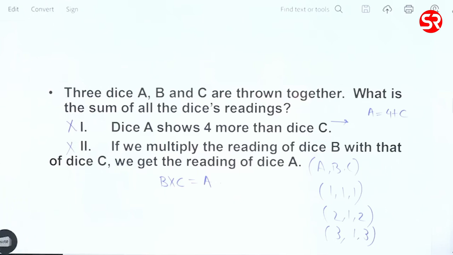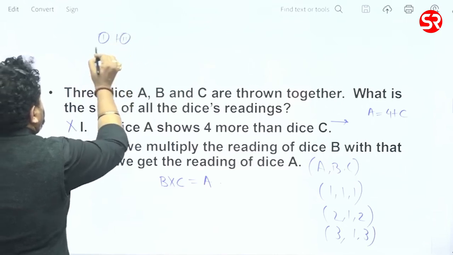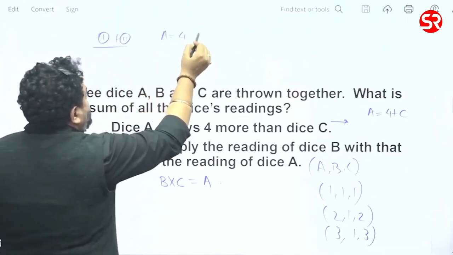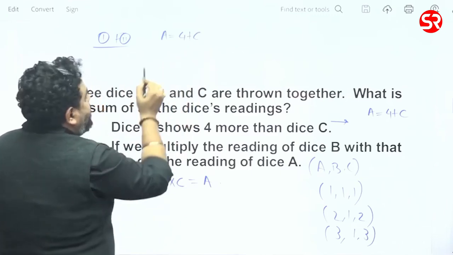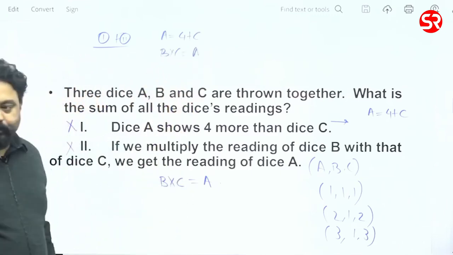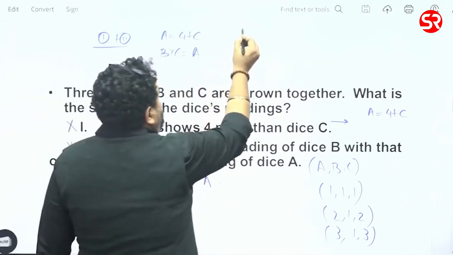Gone, gone. 1 cannot be answered, 2 cannot be answered. Mixing statement 1 plus statement 2. He says A is equal to 4 plus C, and then he says B into C is equal to A. And then there is a limitation, guys. I said C can be 1.